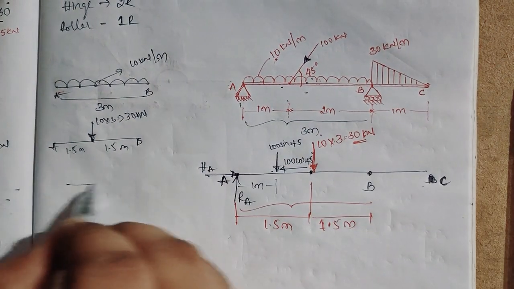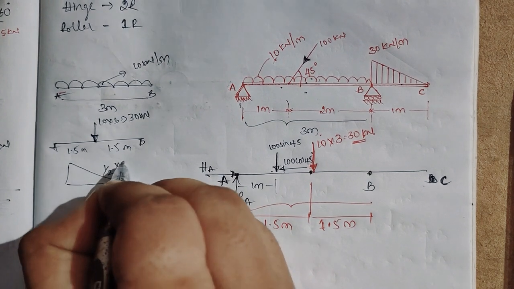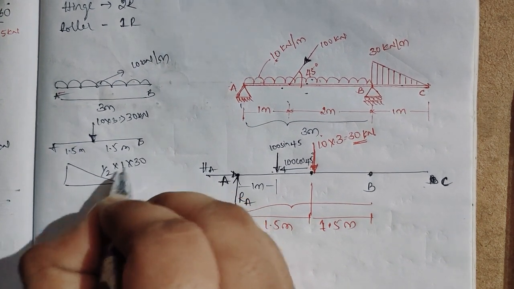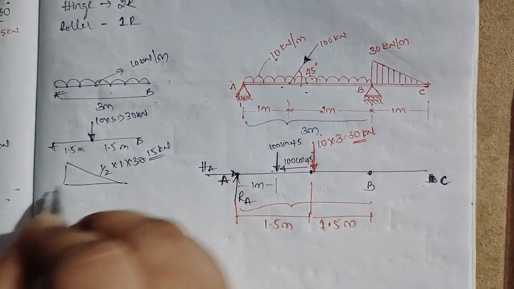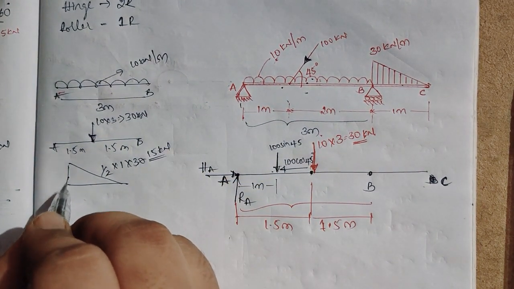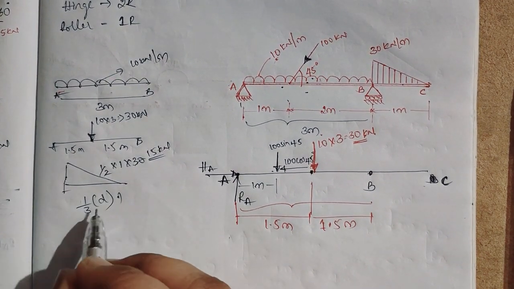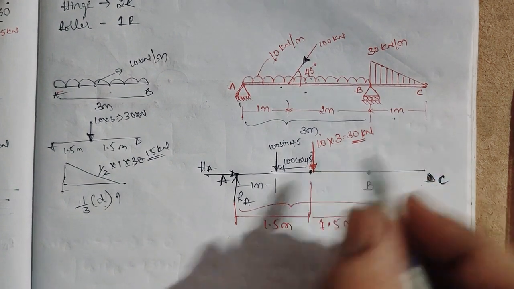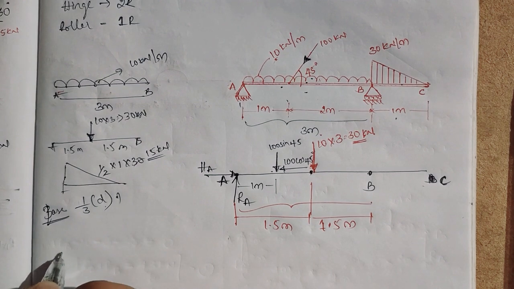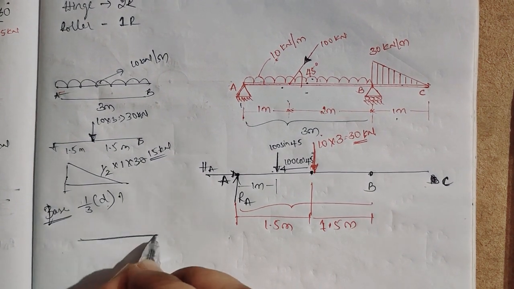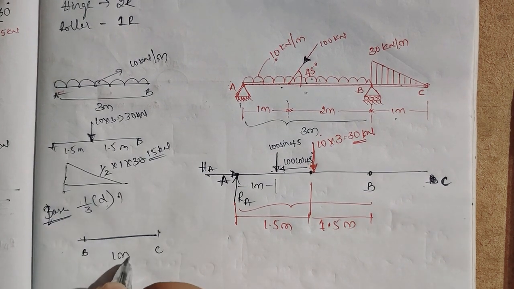So here B to C is a triangular load. So it will be half into base into height, half into 1 into 30, that is 15 kilonewton. This 15 kilonewton I will take from the base only. The distance is 1/3 into D, right? What is this D? D is nothing but 1 meter. So from the base, this is B and this is C, it is 1 meter.